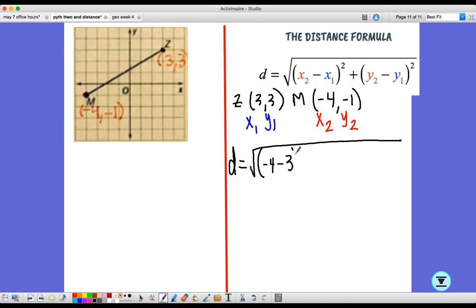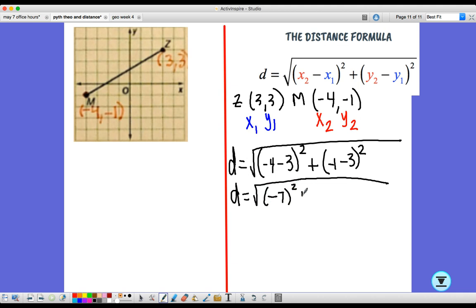So I'm going to have the distance equals the square root of x2, which is -4, minus x1 squared plus y2, -1, minus y1, 3 squared. Distance equals the square root. This is going to be -7 squared plus -4 squared.